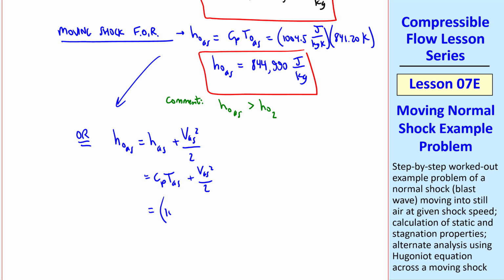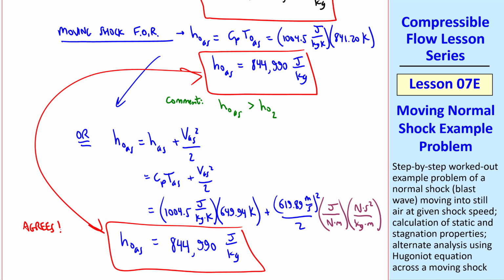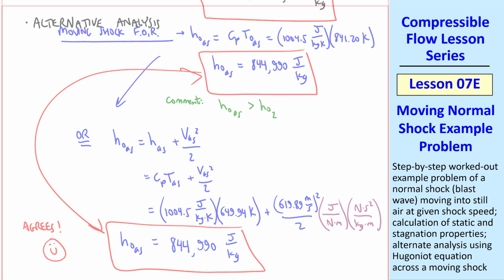Plugging in the numbers, where we calculated T AS and V AS above, and we need a couple unity conversion factors here, this gives us h0 AS equal 844,990 joule per kilogram, which agrees with our previous calculation, and that always makes me happy.